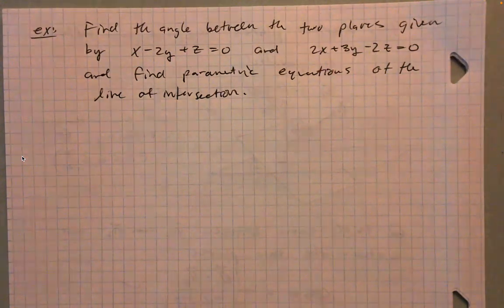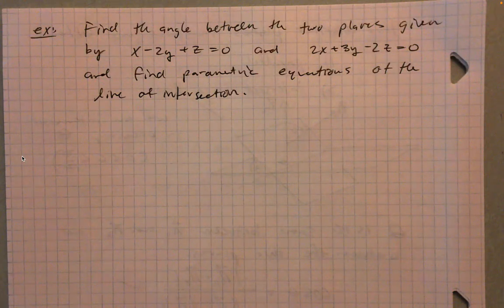All right, let's do that. From the given equations, we're given the equations of the planes. Now remember how we constructed those. The coefficients for x, y, and z you can think of as the components of the normal vectors.